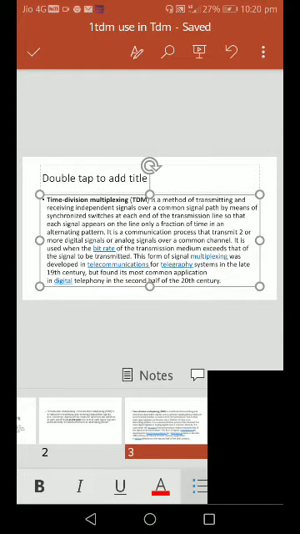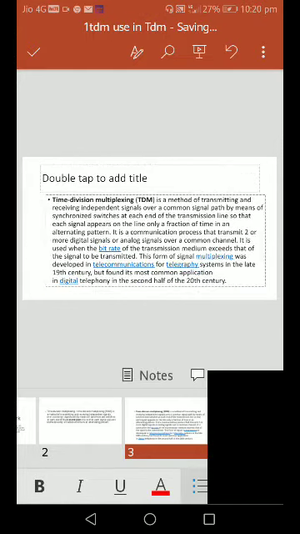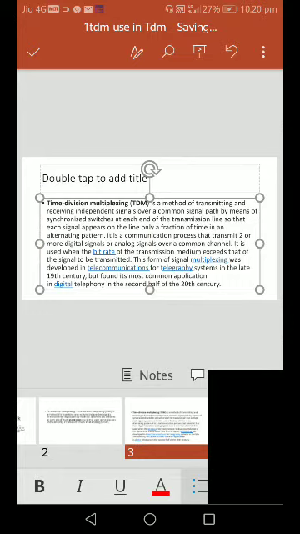The method of transmitting and receiving independent signals over a common signal path by means of synchronized switches.